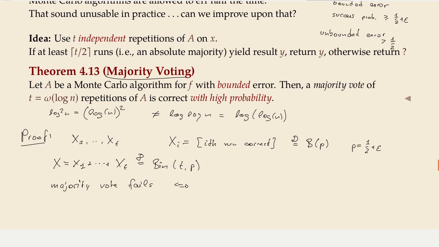Namely, it fails whenever this is less than t half, which could mean there's no majority at all, or there's a wrong majority. And you can check that this is, okay, this is trivial, I'm sorry. It's the next step.